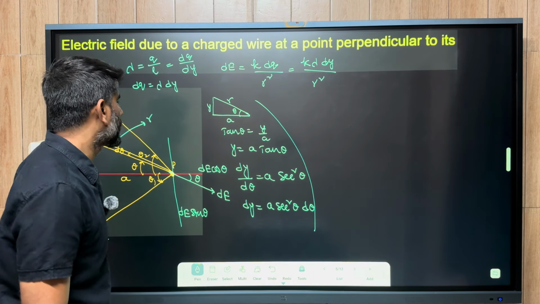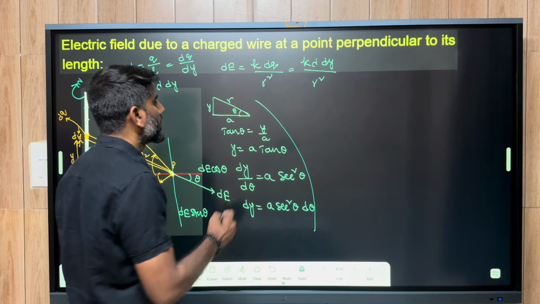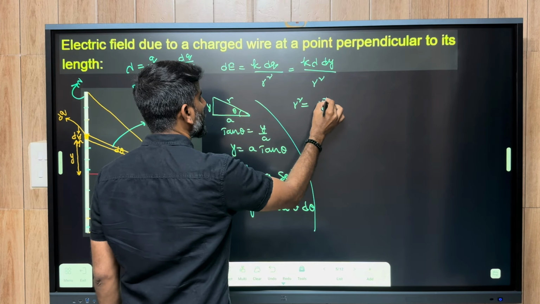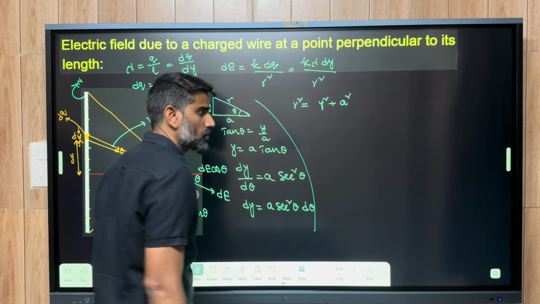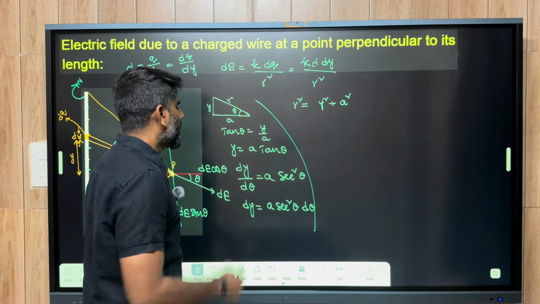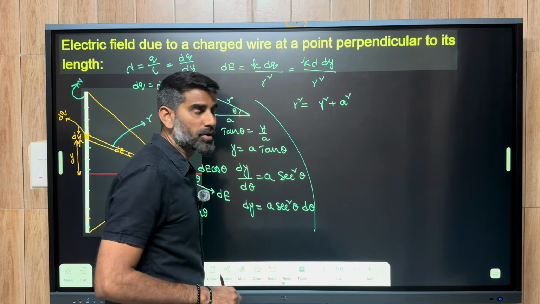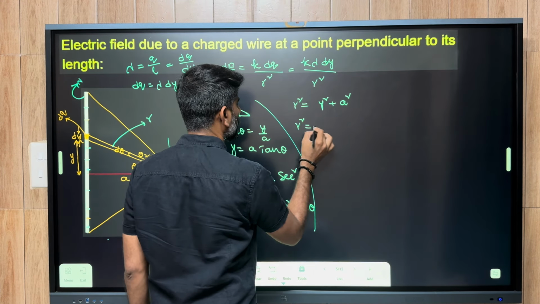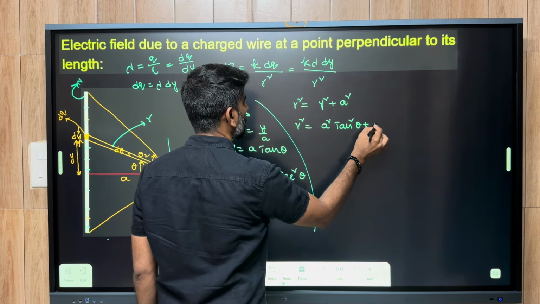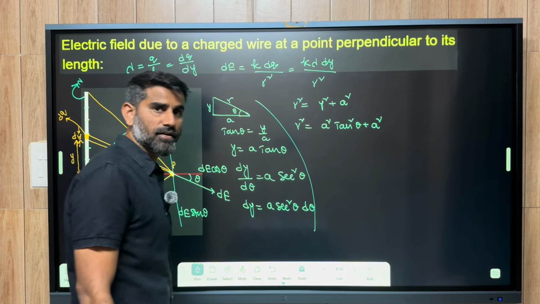And look at one more thing. From this right angle triangle, I can write r square is equal to y square plus a square, right? Now y is how much? A tan theta. Then r square is equal to a square tan square theta plus a square.